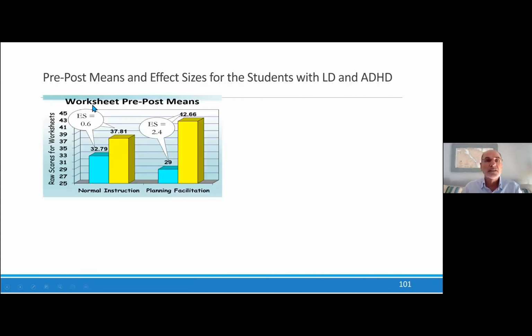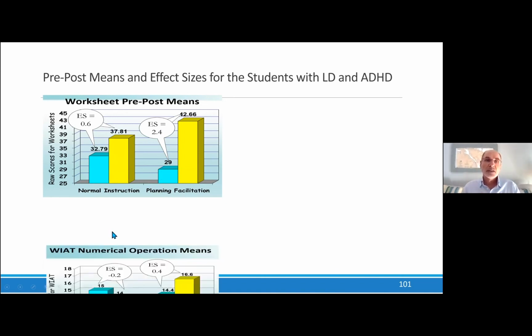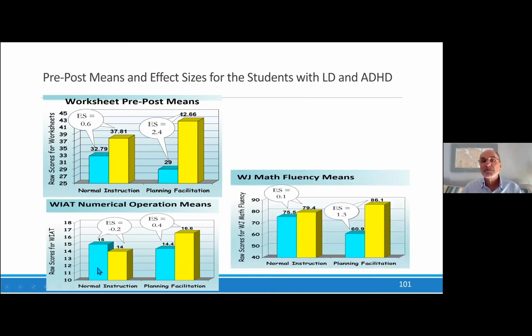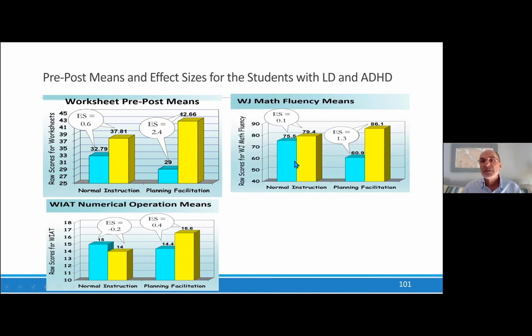But what did we find? We found that when we looked at these math worksheets taken directly from the curriculum of that school, the kids who received the experimental condition improved dramatically, the normal group a little bit. On the Wyatt numerical operation scores, the experimental group improved better than the normal instruction. Same thing for math fluency.